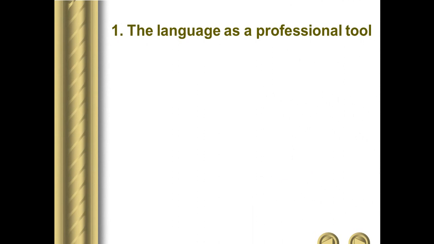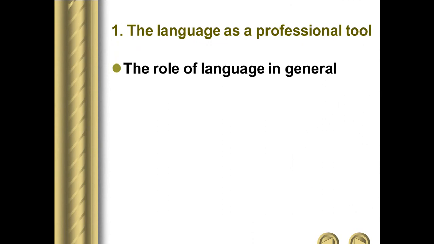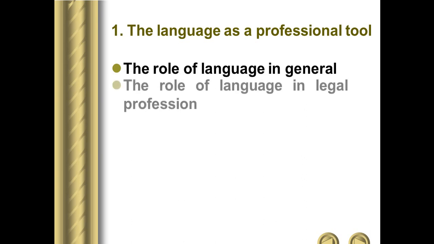First point, language is a professional tool of legal reasoning. So we already know the role of language in general. In our human life, language is the great development of human beings, and it helps to distinguish us from other animals and transfer knowledge from generation to generation, right?